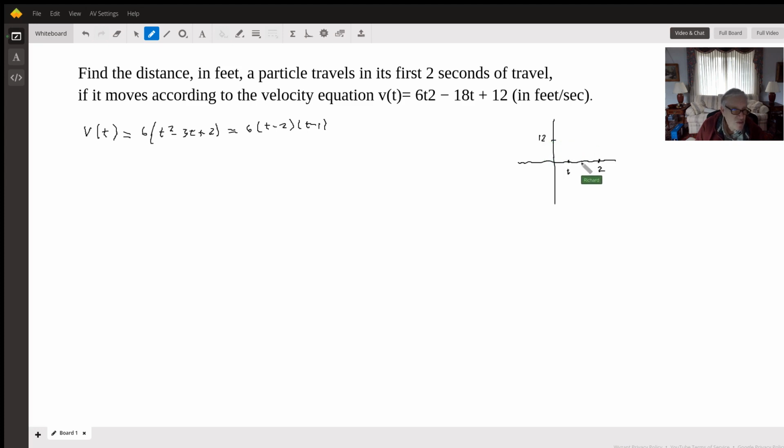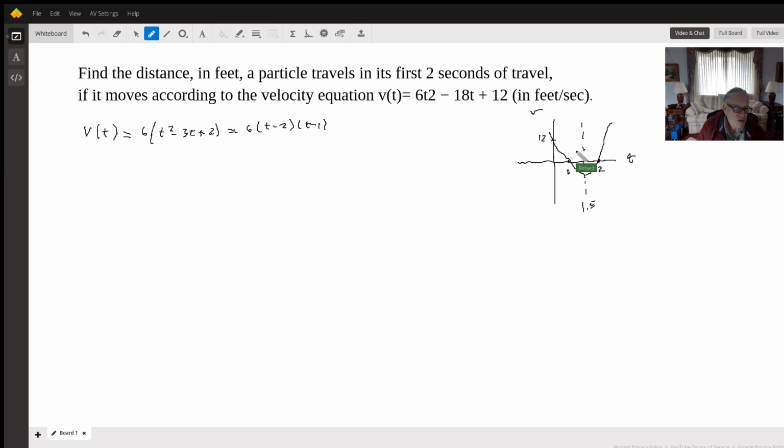And we know the vertex is going to be halfway, so we can sketch in a little vertex at 1.5. This is t here, of course. This is v here. Okay, so it's going to come in looking like this. We don't know how far down it's going to go.